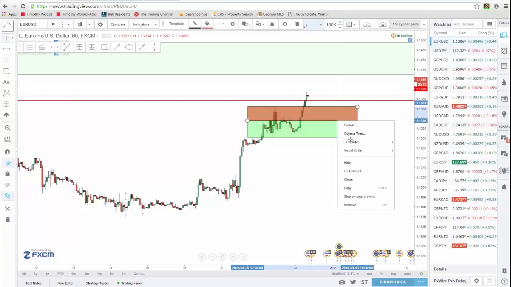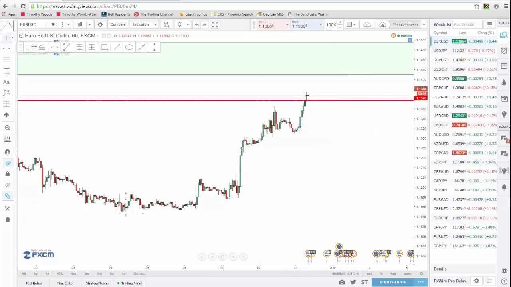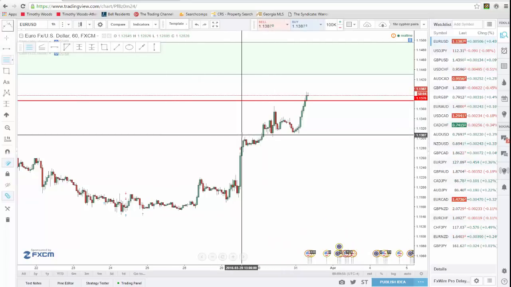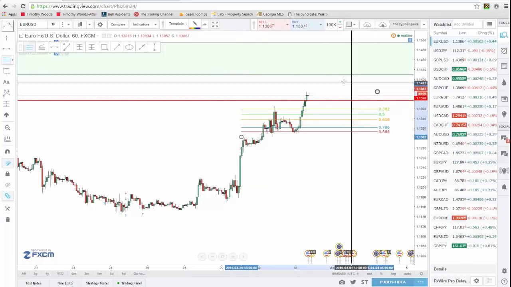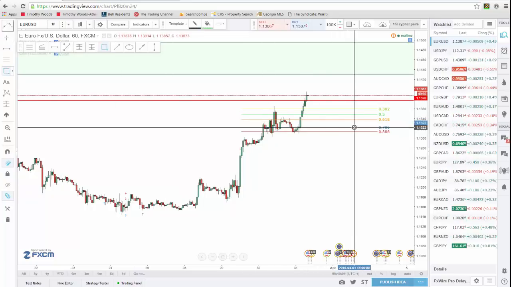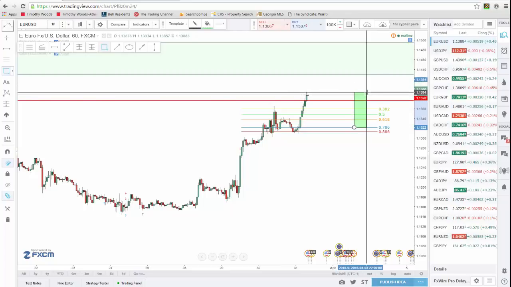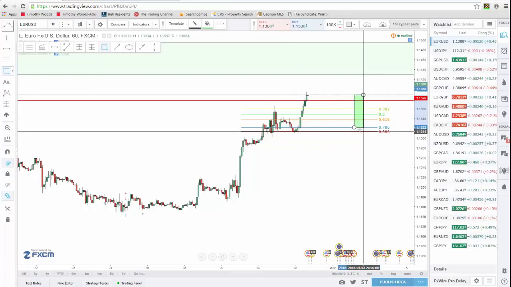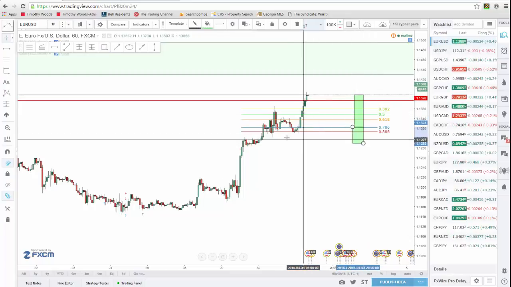So what I will be doing, if we do close above that, is just taking a Fibonacci retracement from our previous swing low here up to our swing high, and I will be buying with a limit order at the 786 with targets wherever this market ends. We could go a bit higher, so for now we'll say targets here and stops down below our previous swing low.